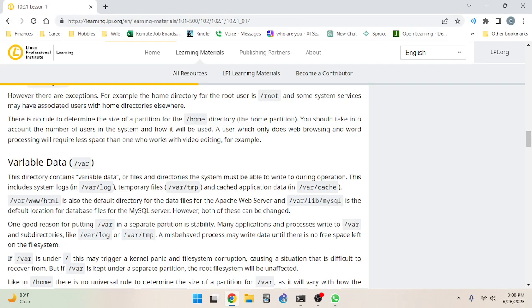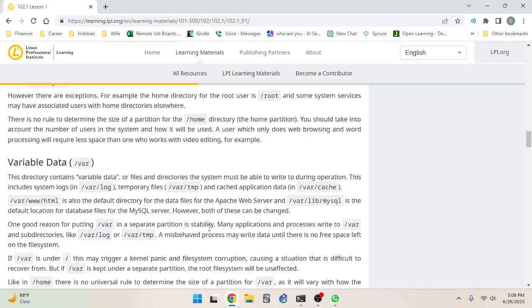One good reason for putting /var in a separate partition is stability. Many applications and processes write to /var and subdirectories like /var/log or /var/tmp. A misbehaved process may write data until there is no free space left on the system.